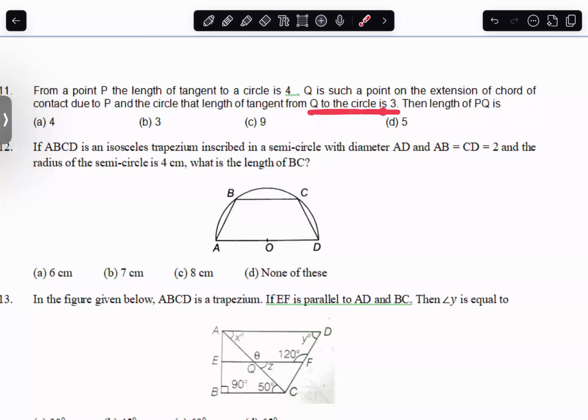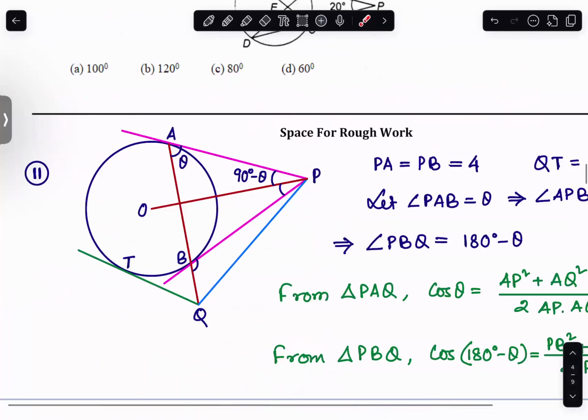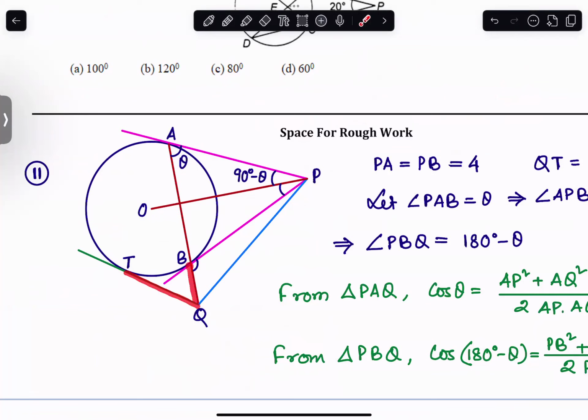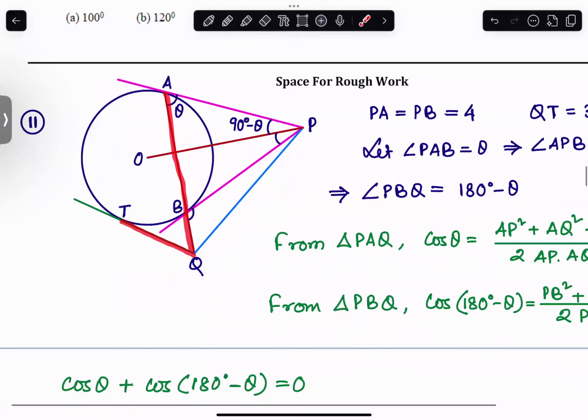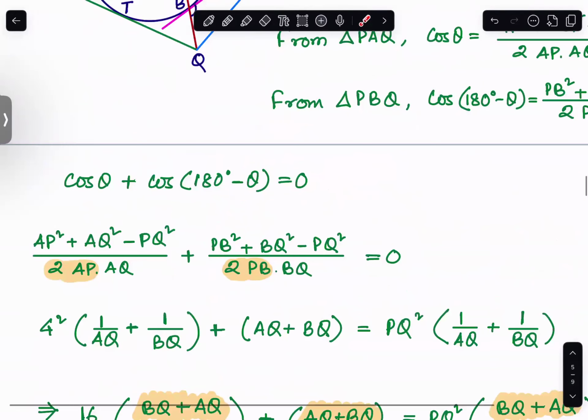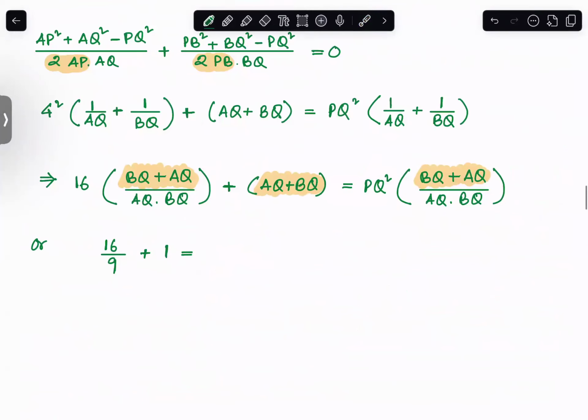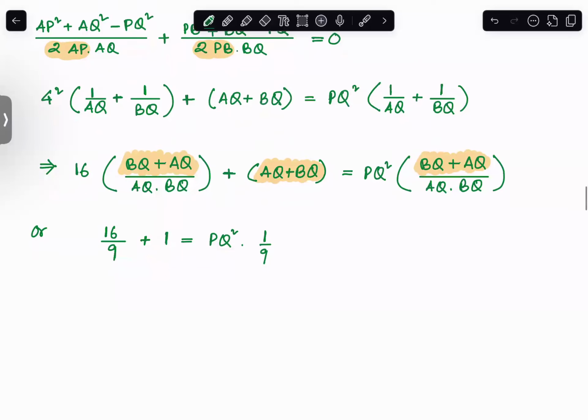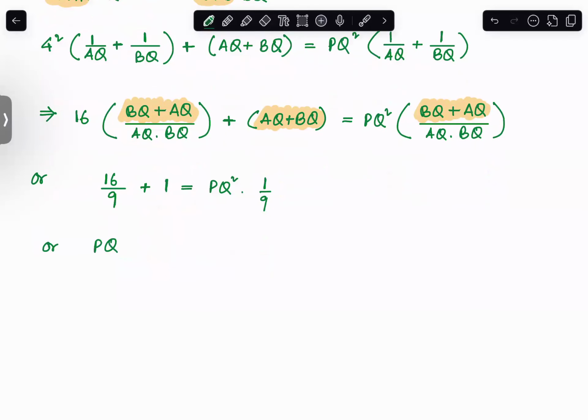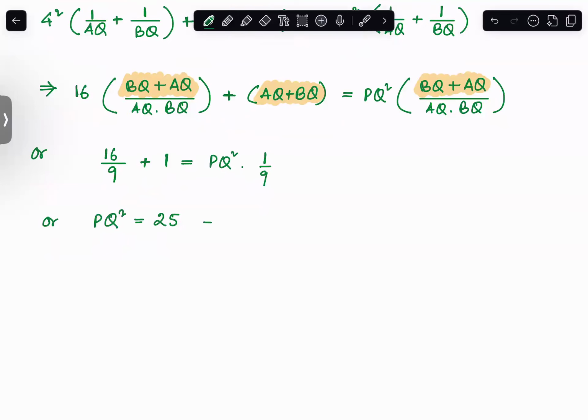Yes, sir. So TQ into TQ must be same as BQ into AQ. Okay, sir. Is it okay? Gives PQ as 5.